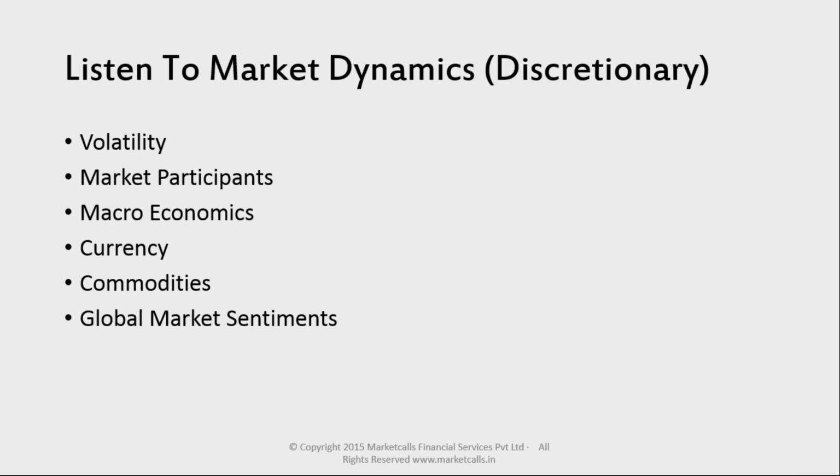Let's say I can give you some examples. If there is a strong global market sentiment and then there is a big gap down, you can put a further ban on trading for that day. I'm just giving examples over here.